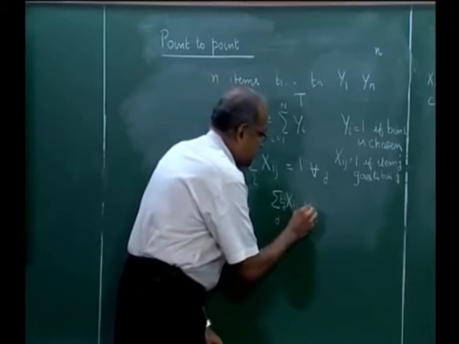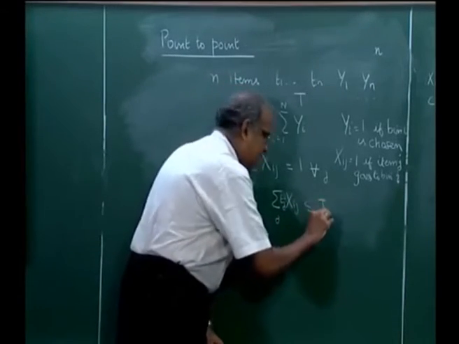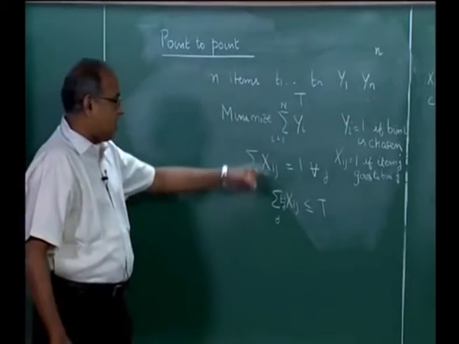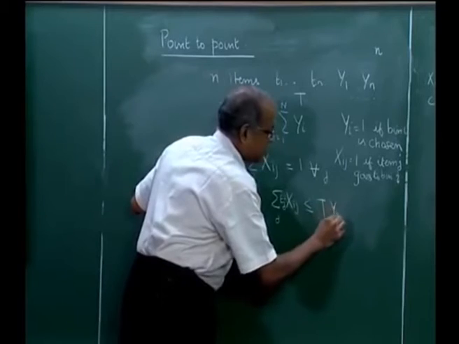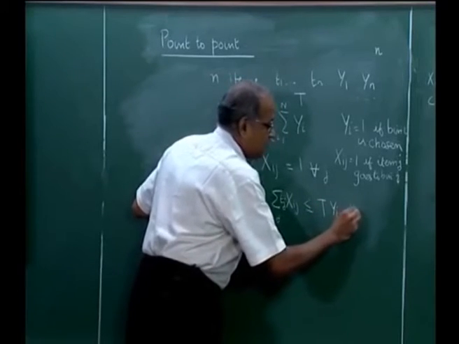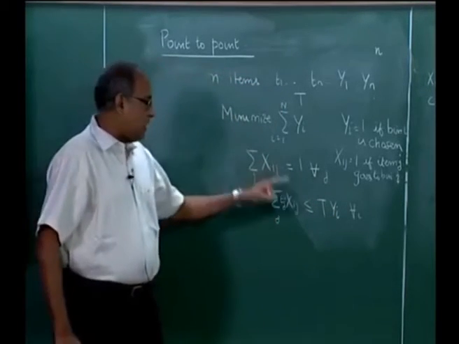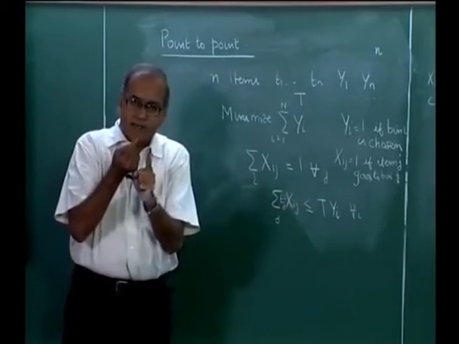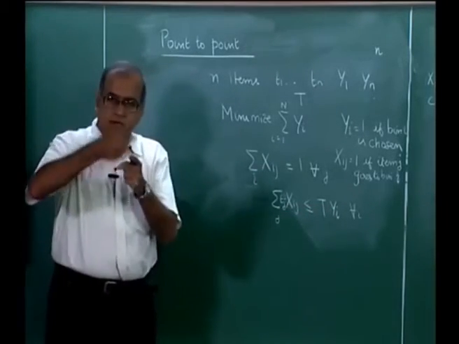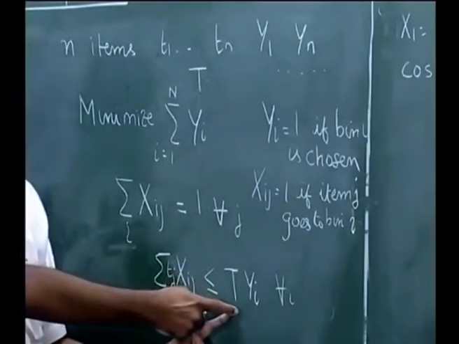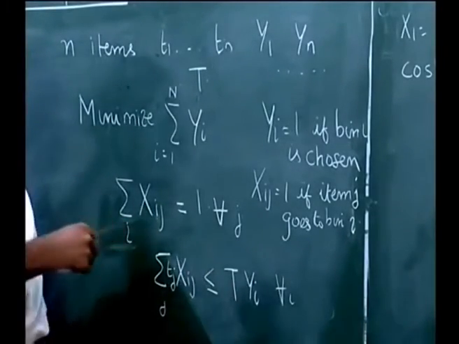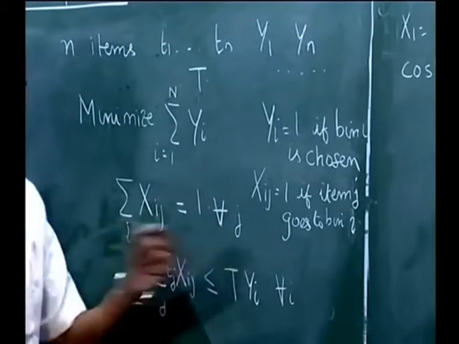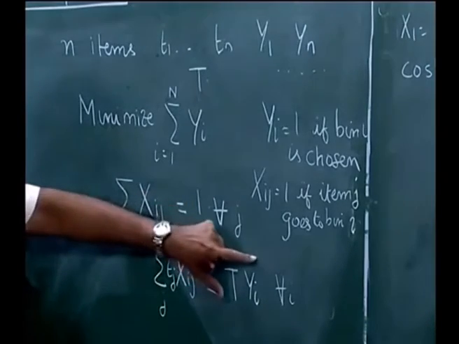This should be less than or equal to T, which is the overall bin length, and so it should be less than or equal to T into yi for every i. So, yi is equal to 1 when the ith bin is chosen, and when the bin is chosen it gives us a capacity of T, and whatever goes into the bin should be less than or equal to this. So, this is one way of doing it.